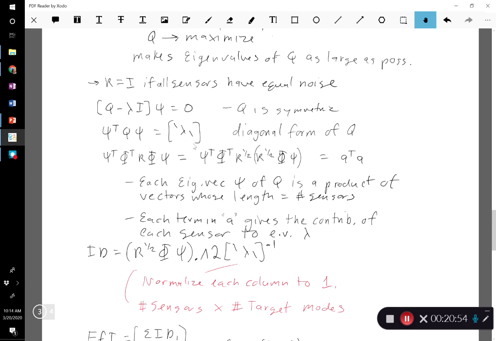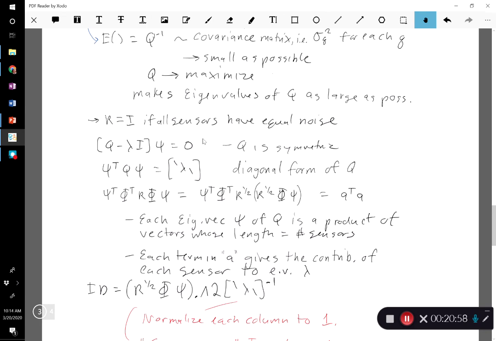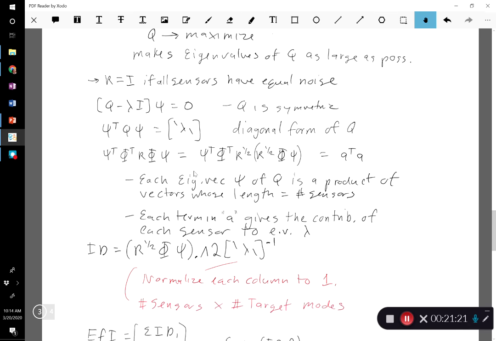If we do that, then the eigenvalues tell us how Q gets its strength, or where all of the strength is found, what shapes it's found in. And so if we want to maximize Q, we would want to maximize lambda, or we want to keep all of the eigenvalues that are large and discard the ones that are small.